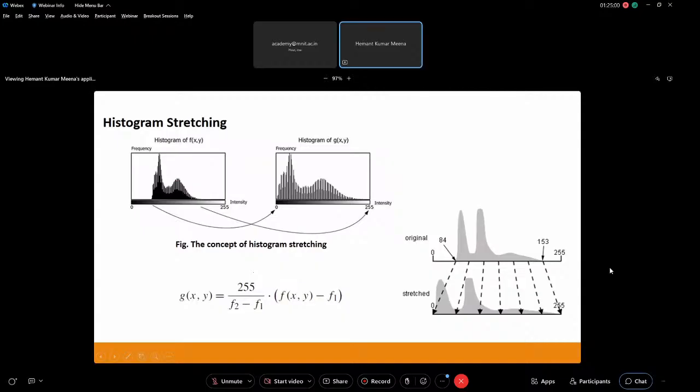Again, you can clearly notice here that the range of the pixel values is far less in comparison to when histogram stretching has been applied. So this simple fundamental is followed. Any question at this level?